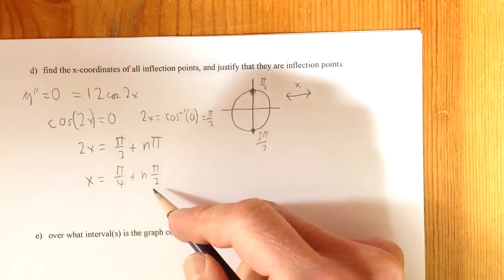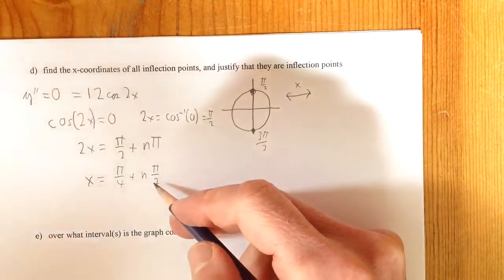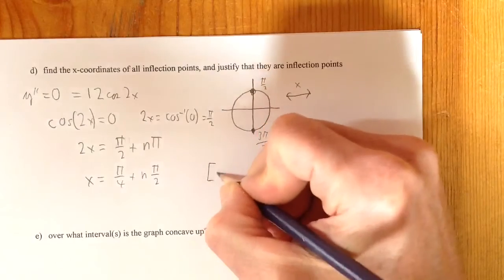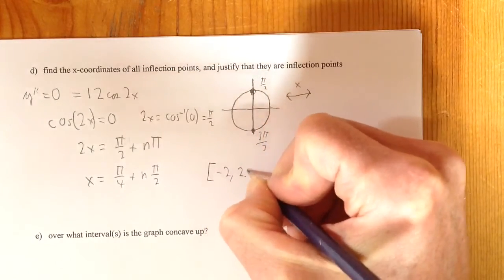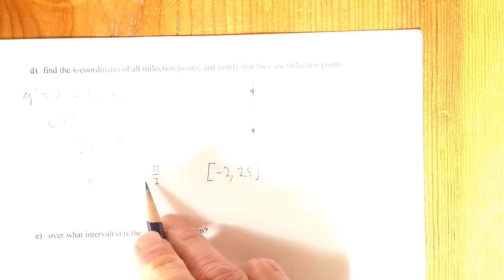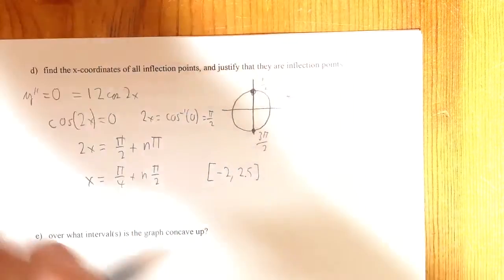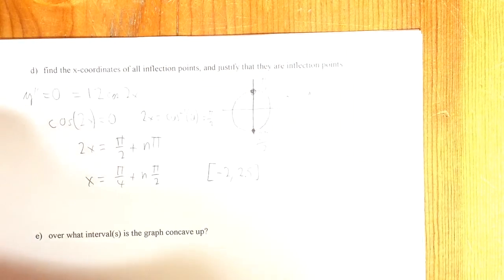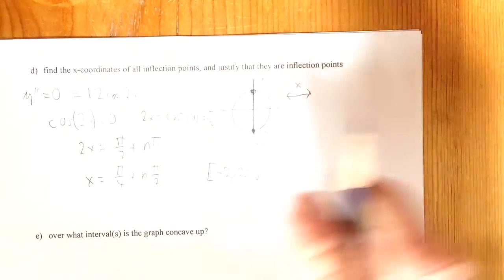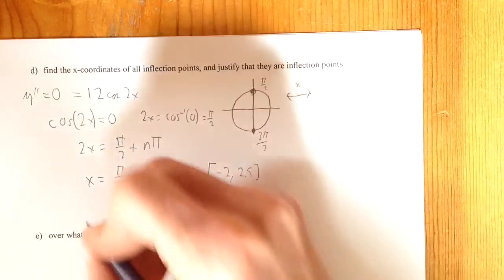We have to find all of those in our interval, between -2 and 2.5. What n's fit there? Let's make this decimals now because pi over 4 and stuff is confusing. Pi divided by 4 is 0.785, close enough.